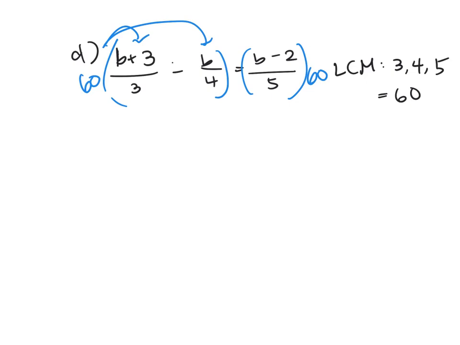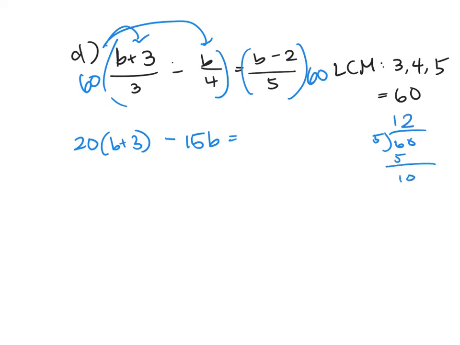So that's like me saying 20 times b plus 3 minus 60 divided by 4 is 15. 15b equals 60 divided by 5 is 12. So 12 times b minus 2.